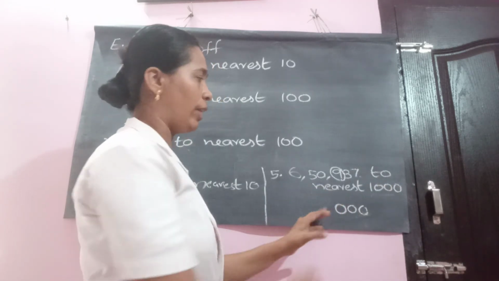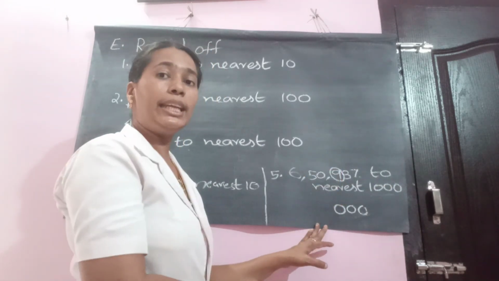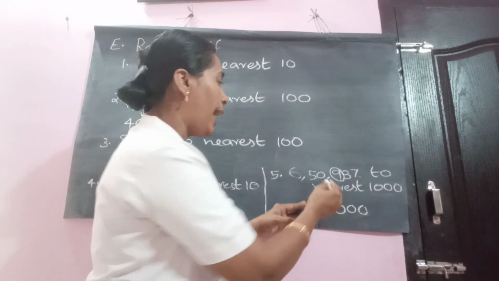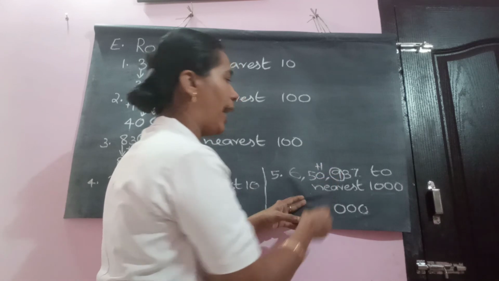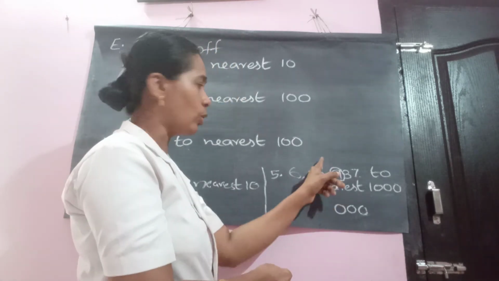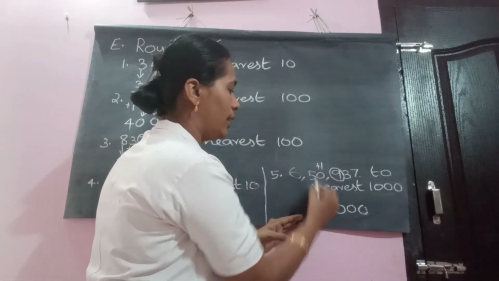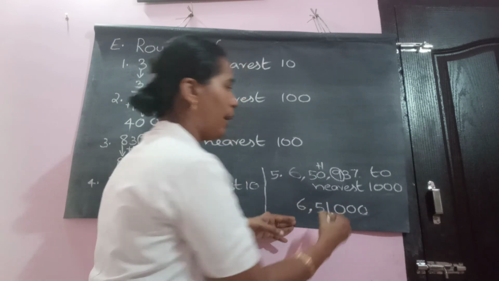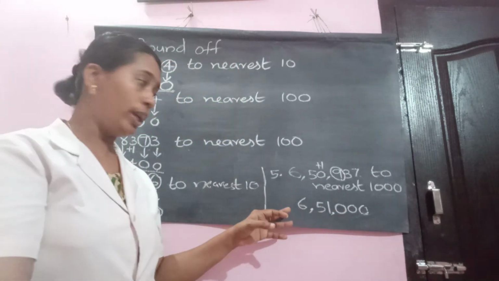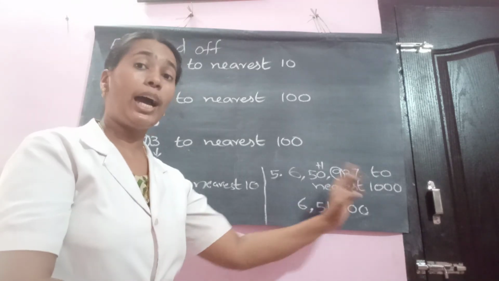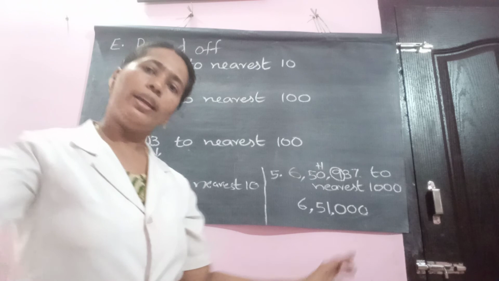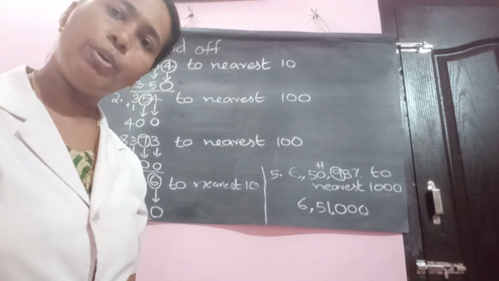Next, look at this 9. 9 is more than 5. So what do we want to do? Add 1 to this 0. So 0 becomes 1, and this 5 stays 5, this 6 stays 6. So the given number has been rounded up to 6,51,000.